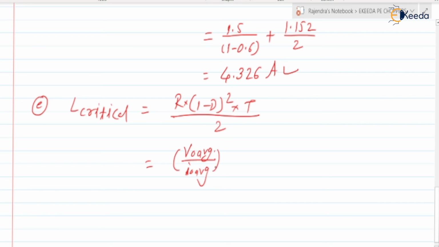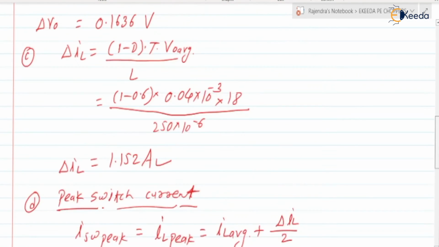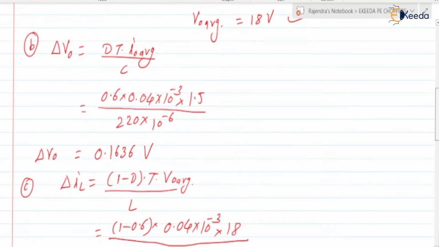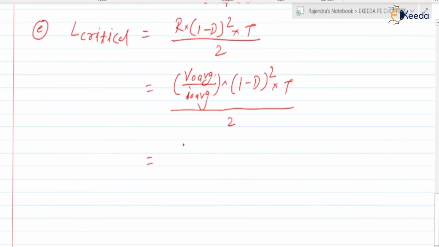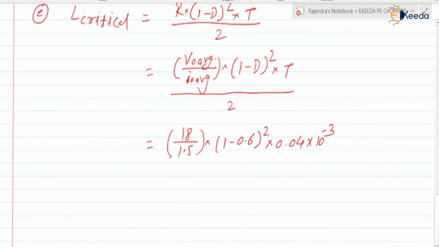Into (1 minus D) square into T, divided by 2. So from this we can write, V0 average is 18 divided by I0 average 1.5, so 18 upon 1.5, into (1 minus 0.6) square, into T. If you check the T value, it is 0.04 into 10 to the power minus 3, divided by 2.